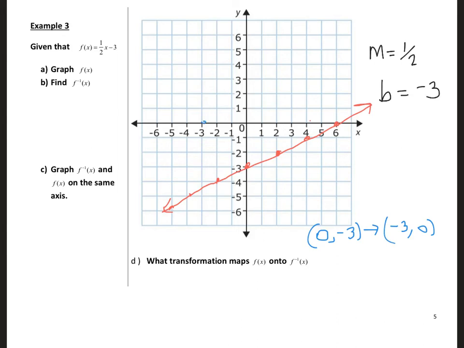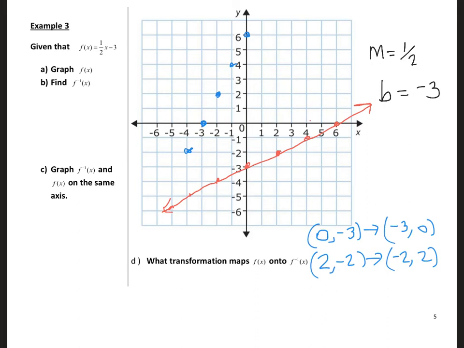I can take the other one, 2, -2. The inverse of that is going to be -2, 2. And now I can see the pattern. You could even keep getting more points, like this is 6, 0, then 0, 6.